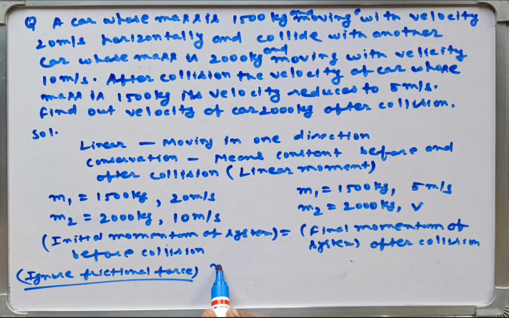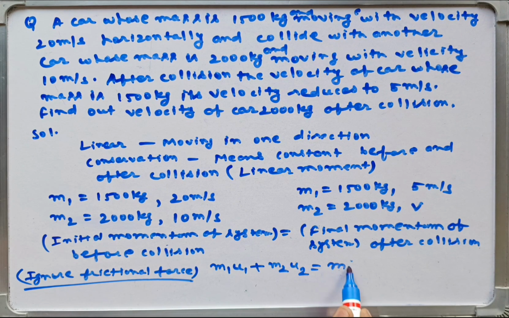Now we write the initial momentum of the system, which is made by two cars. The first car has momentum m1u1, and the second car has momentum m2u2.